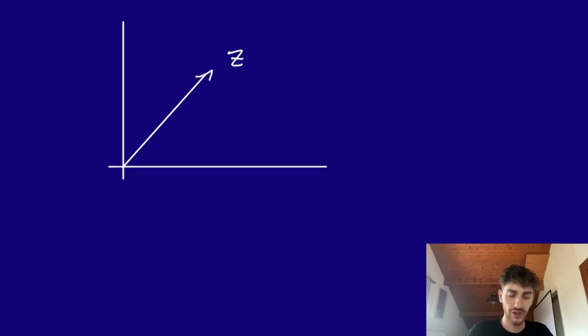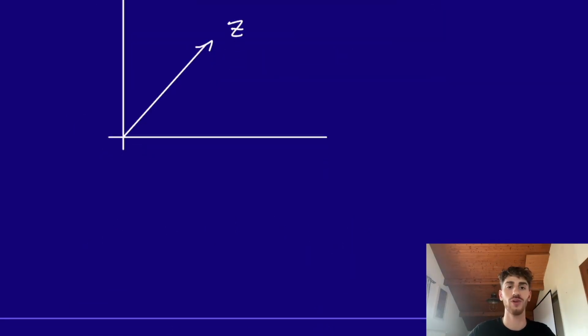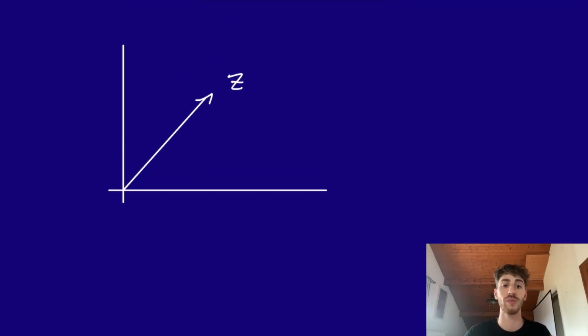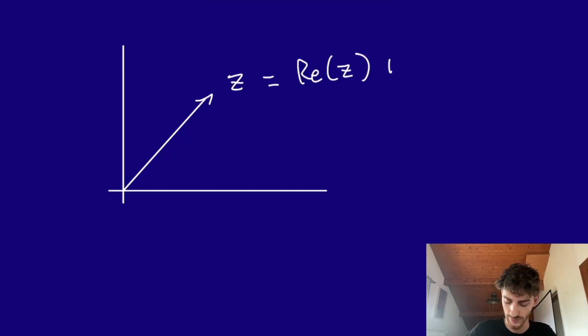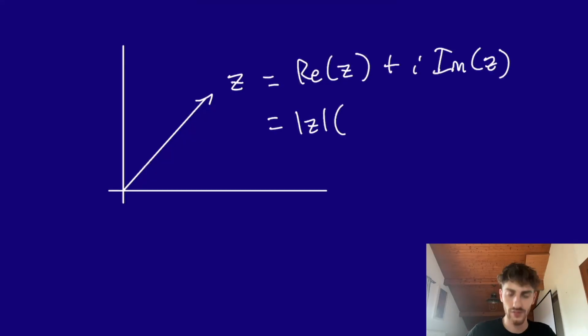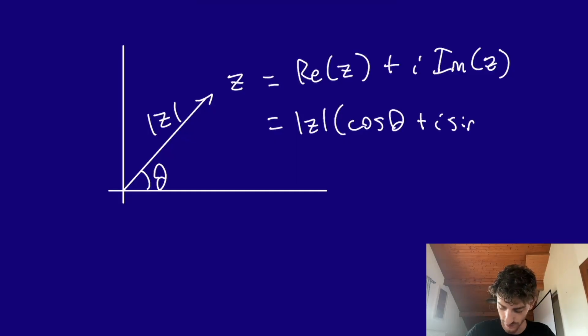Okay, so now before I end the video, let me just show you how, when we represent z using Euler's formula, it makes things much nicer already, okay? So z is of course equal to the real part plus the imaginary part, okay? And we already showed that this can be represented by the angle, right? So we have magnitude of z times cos theta plus i sine theta.